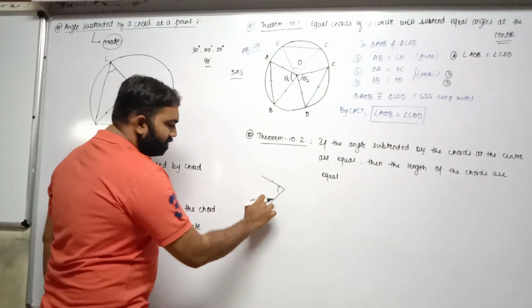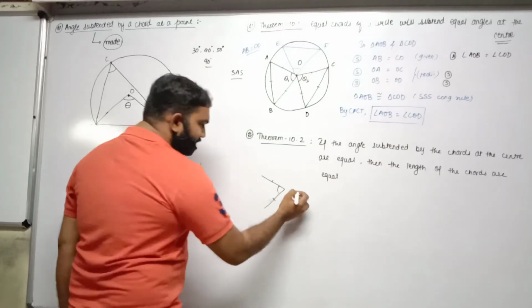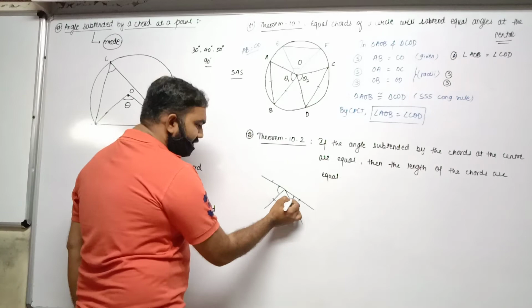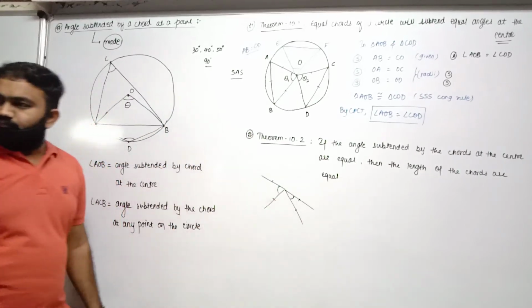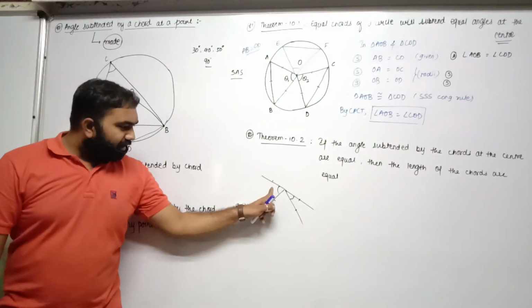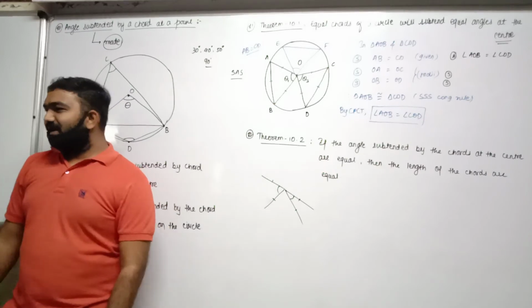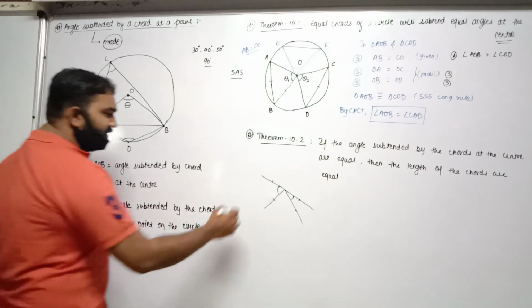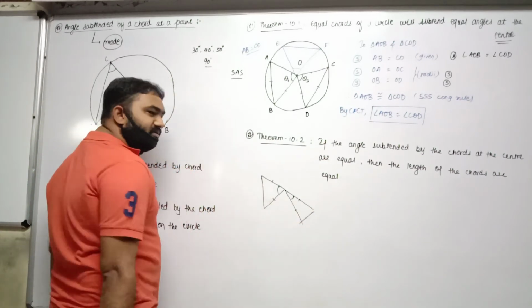These two are the radii, similarly these two are also radii, and this is theta 2. So by SAS congruence rule, triangles AOB and COD are congruent, and hence by CPCT these two chords will also be equal.